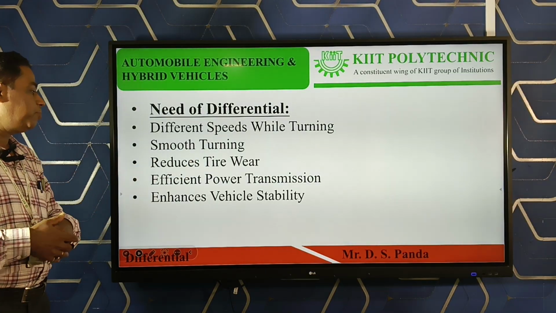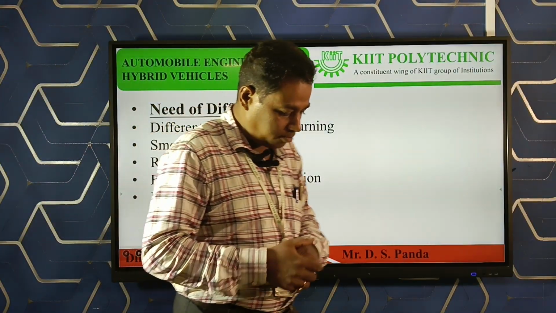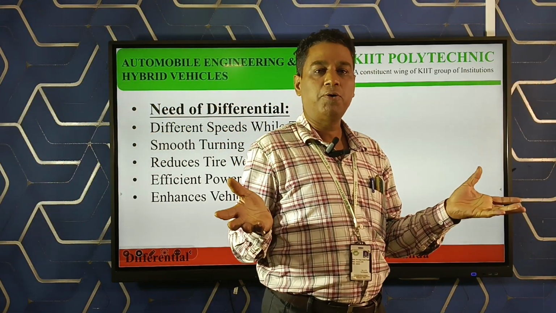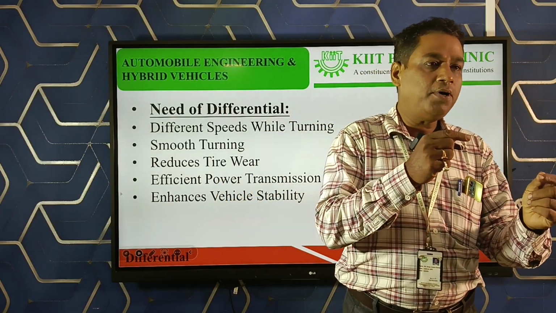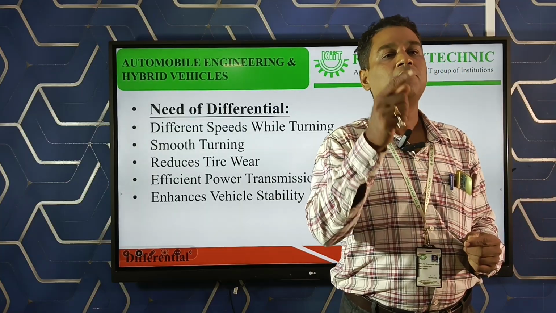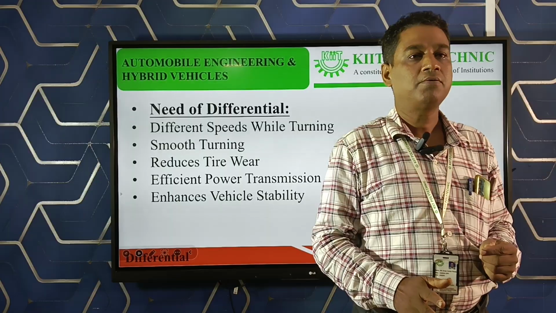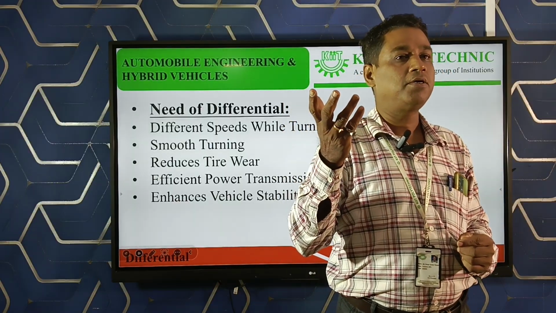And the fourth point is efficient power transmission. Suppose there is no differential, so there is the possibility of friction between tire and road, then there will be loss of power. You will not get efficient power transmission.